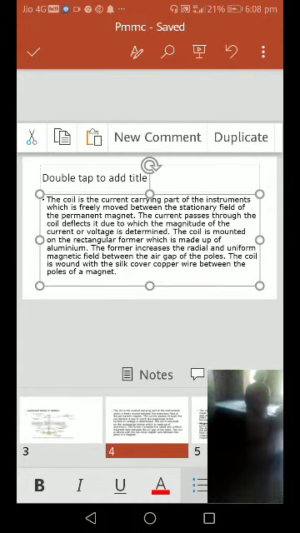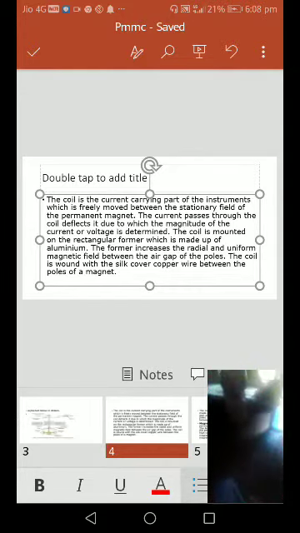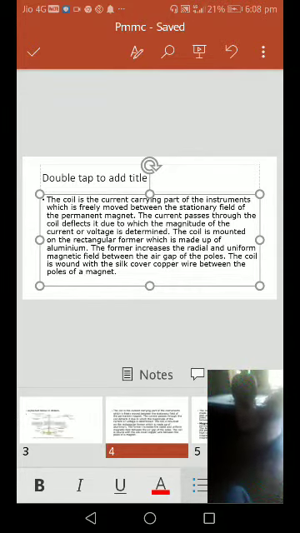The rectangular former is made up of aluminum. The coil is mounted onto the rectangular former, which is made up of aluminum.